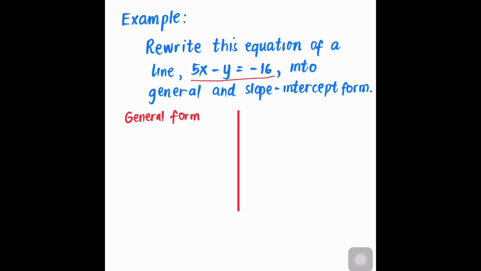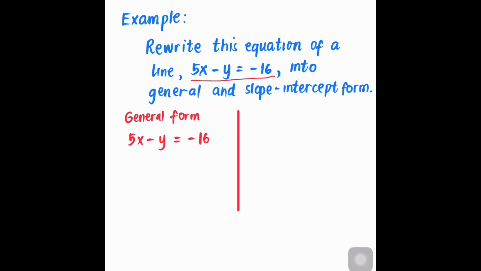So let me rewrite the given equation. We have 5x minus y equals negative 16, which is in standard form. Now, following the format of general form of the equation of a line, we just make sure all the terms are on the left-hand side. Since the x term and the y term are already written on the left-hand side, we're only looking forward to moving the constant term, which is negative 16.